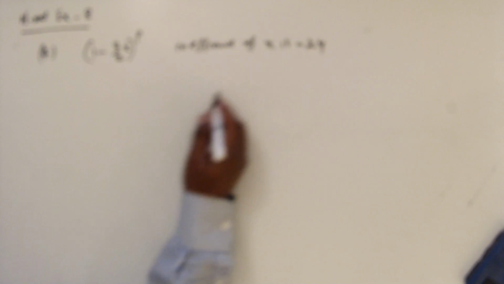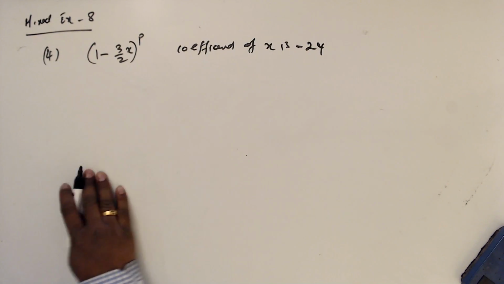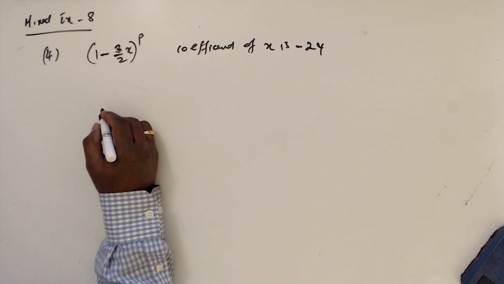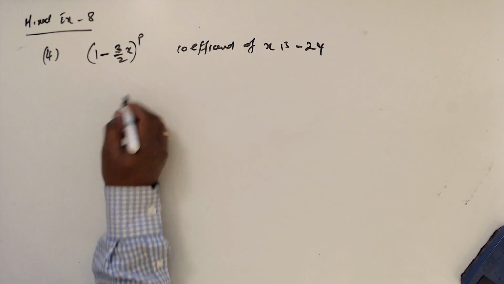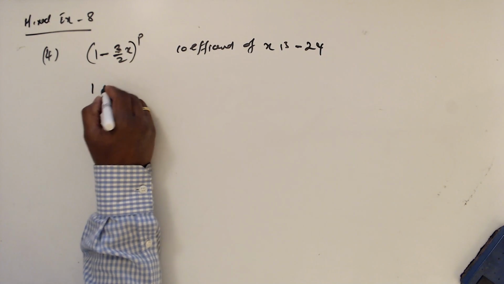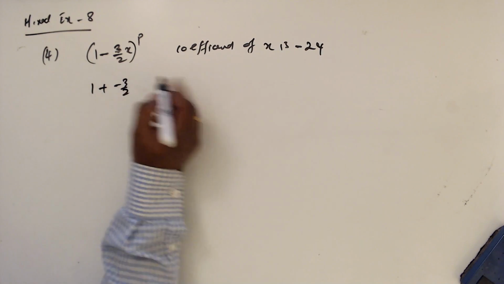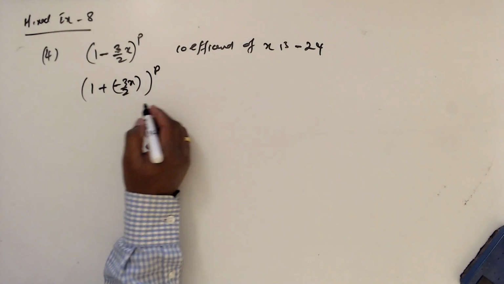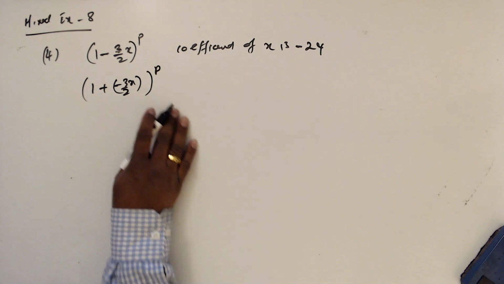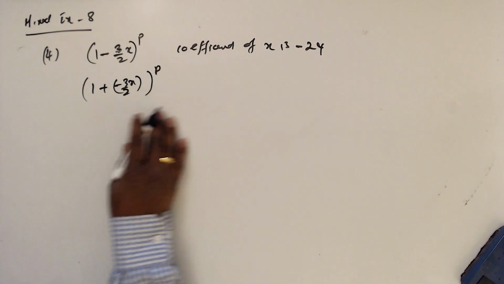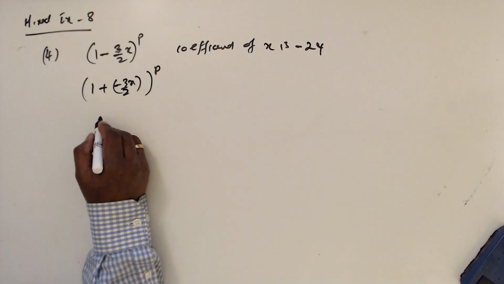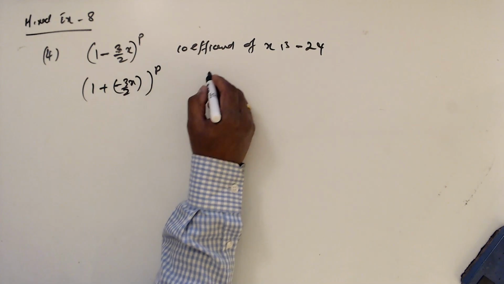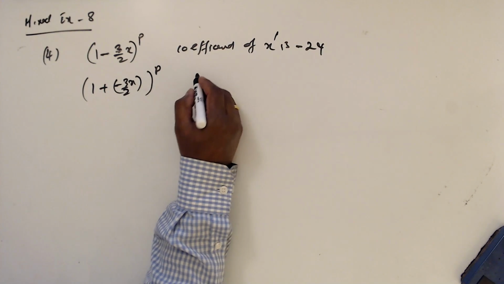Coefficient of x is minus 24. So first of all, find the coefficient of x, and we know the value. So I rewrite the way that I can put into the binomial coefficient of x. So the first term, the coefficient of x is going to be the second term, x to the power 1.